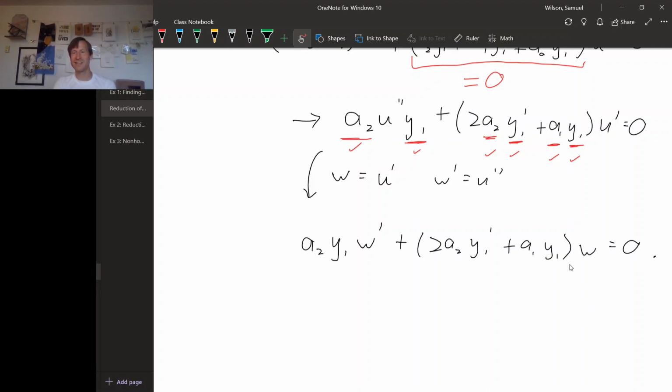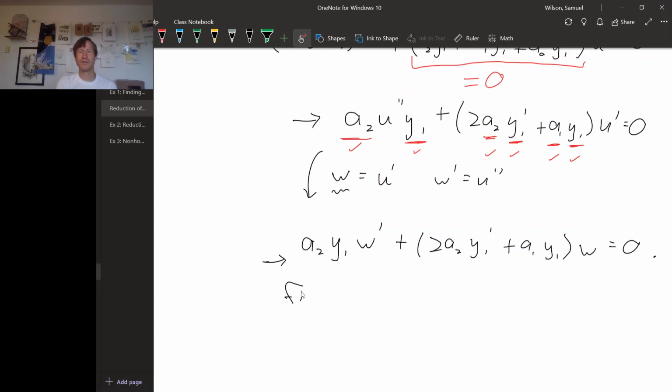So now you can see that this is actually a first order equation for this new variable w, and in fact it is an equation that we can solve because it's a linear equation, and also it happens to be separable, so you can solve it as either a linear or a separable equation. So one way or another, we'll be able to solve this equation.